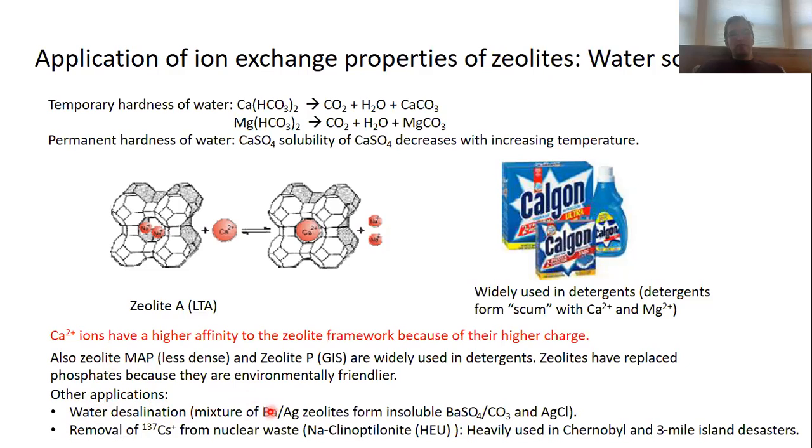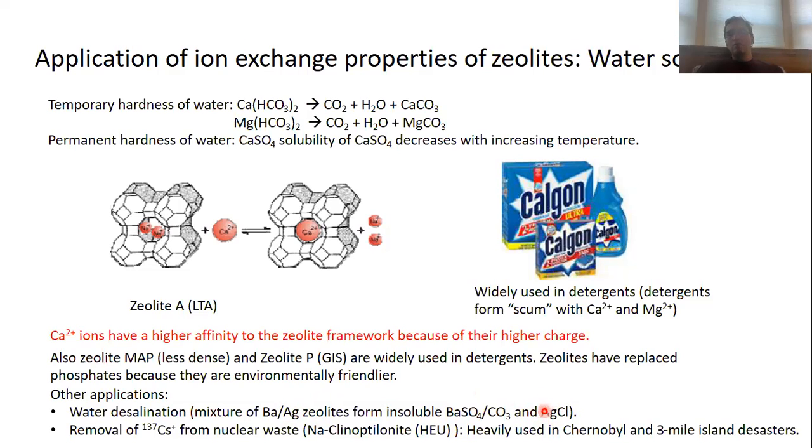So for instance, when you have barium and silver ions as counter ions in the pores, then these barium ions can form a precipitated form of barium sulfate when in contact with, for instance, sulfate ions in the water, carbonate ions in the water, and chloride ions in the water, as well as other halide ions in water, get precipitated as silver chloride.